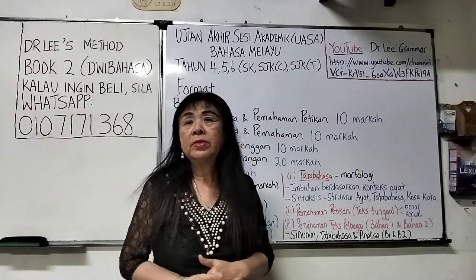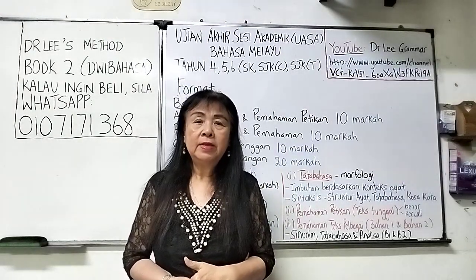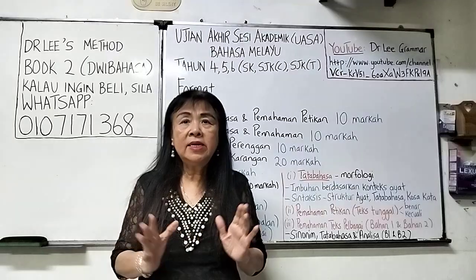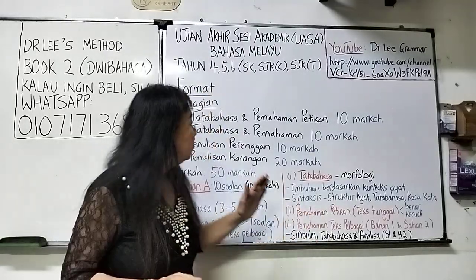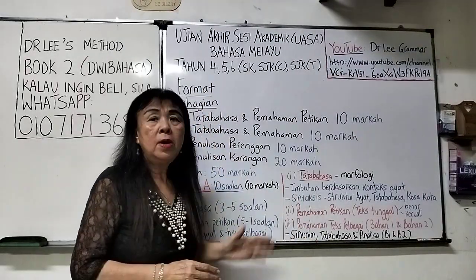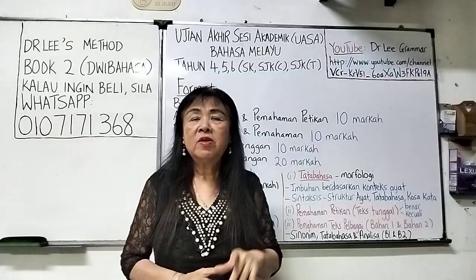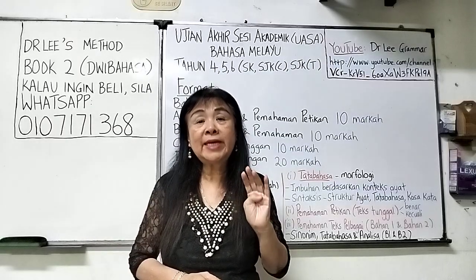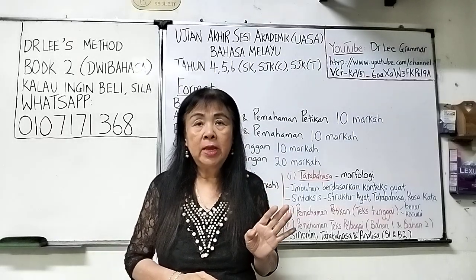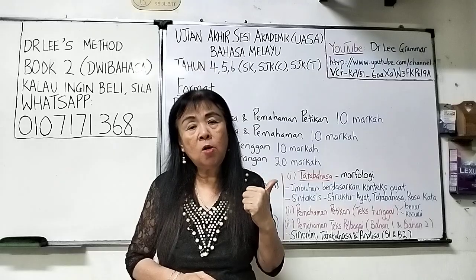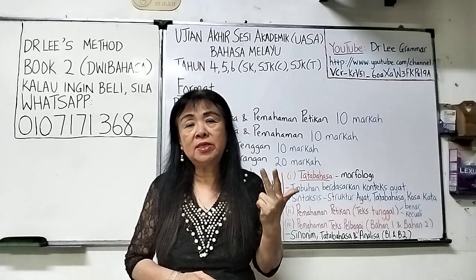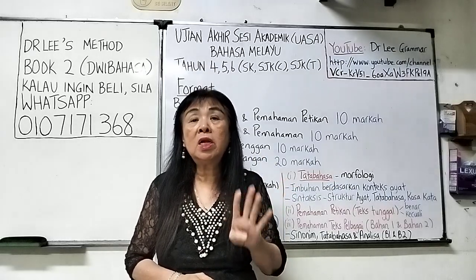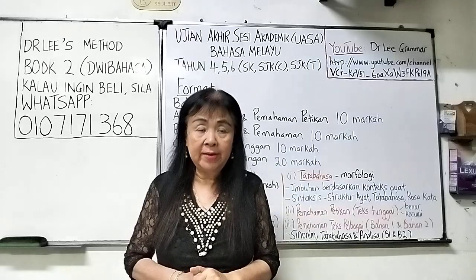And the format first. Understand that the Bahasa Melayu paper has 4 sections, or bahagian. So you have bahagian A or section A, section B, section C, section D. A total of 4 sections altogether.